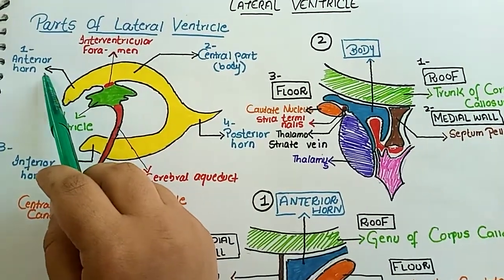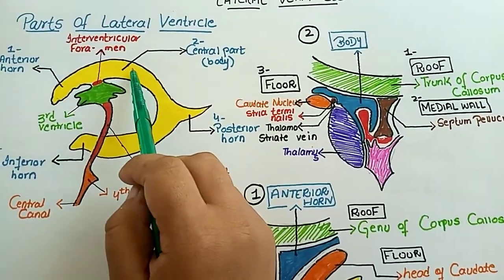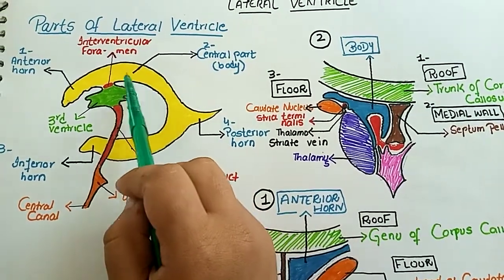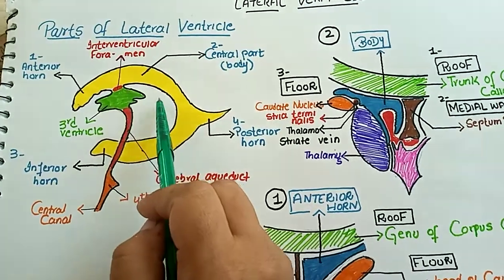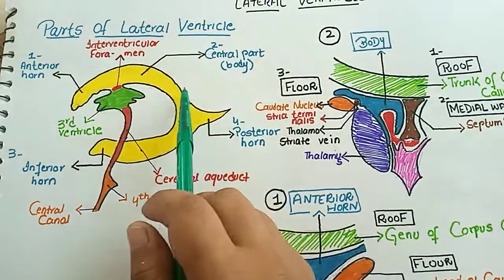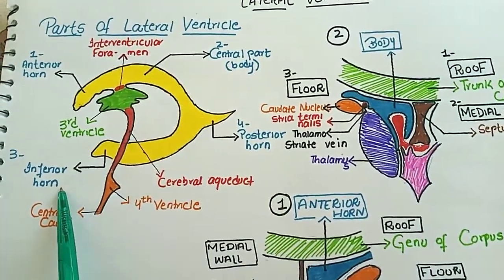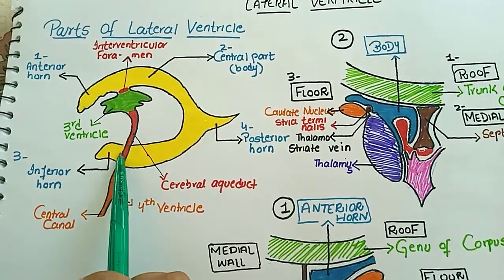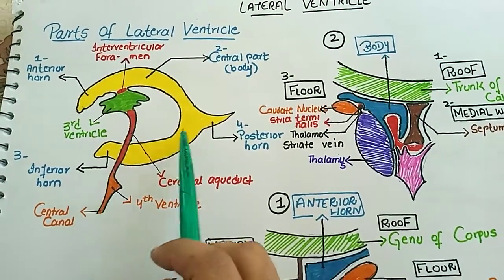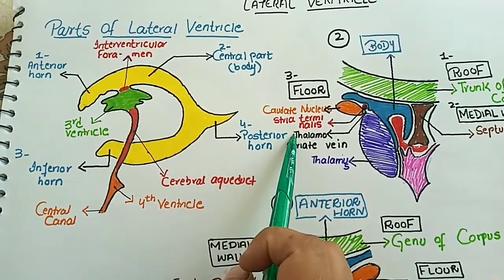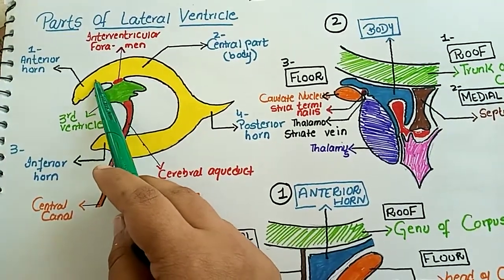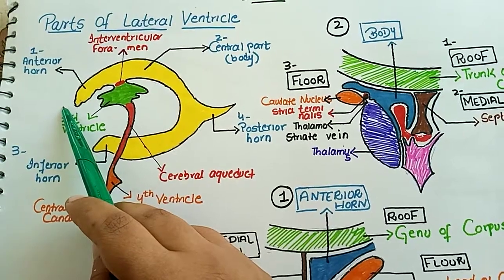The first is the anterior horn, then the central part or the body, which extends from the interventricular foramen to the posterior extremity of the thalamus. The third one is the inferior horn, which extends into the temporal lobe, and the fourth is the posterior horn, which extends into the occipital lobe, and the anterior horn extends into the frontal lobe.